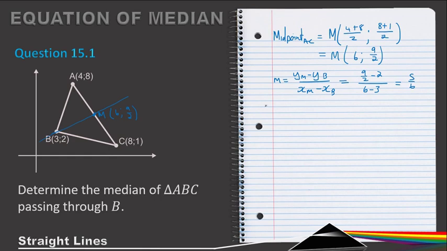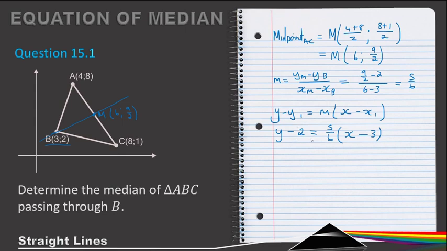And now we can substitute it into y minus y1 equals to gradient times x minus x1. And let's substitute this point in, especially because there's no fractions. So we have y minus 2 equals to, my gradient is 5 over 6 times x minus 3.